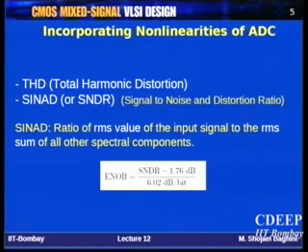This ENOB, or effective number of bits, is a very common specification you will find in the data sheets of all ADCs. It tells you what effective number of bits can really be achieved with this ADC, not ideally.